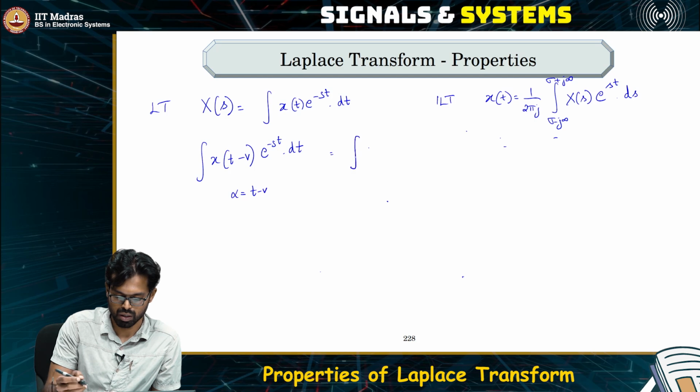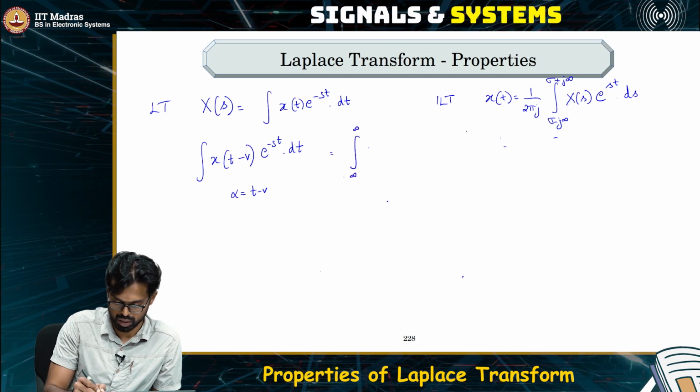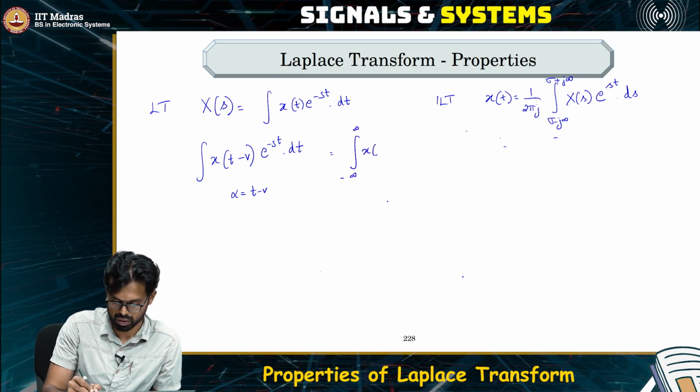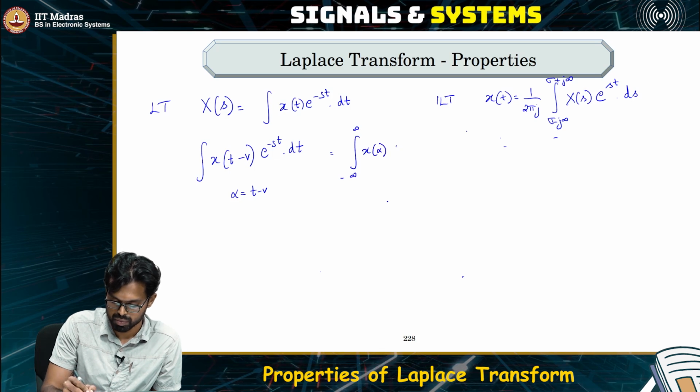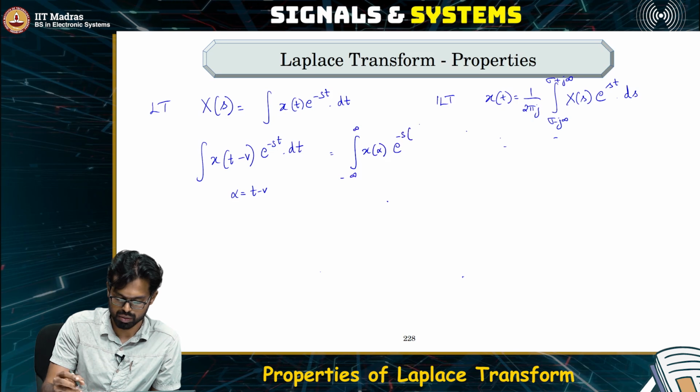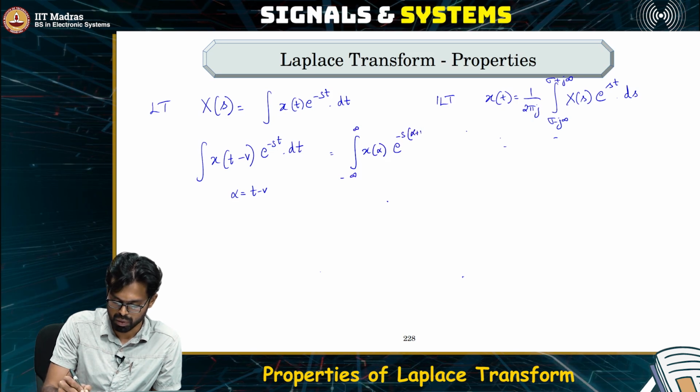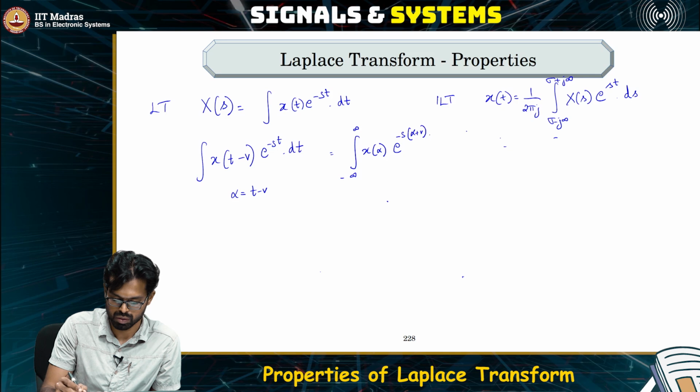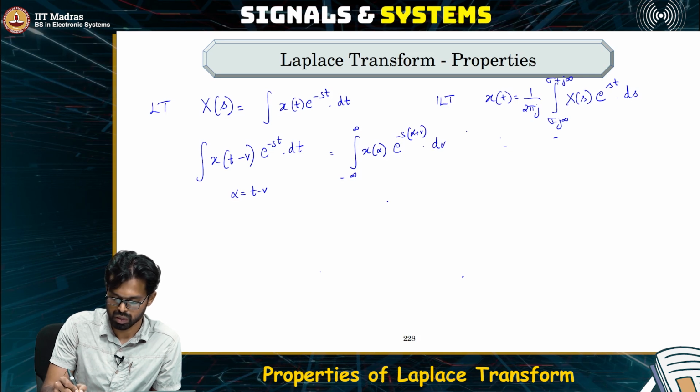Then the integral from minus infinity to plus infinity of x of alpha e power minus s times alpha plus v, d alpha.